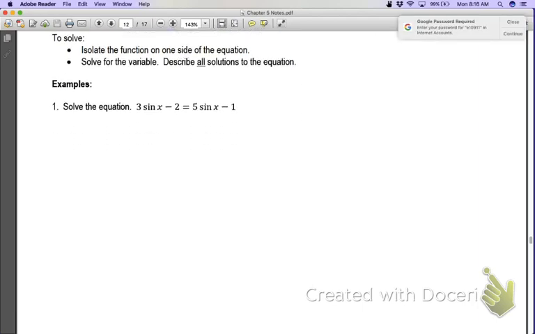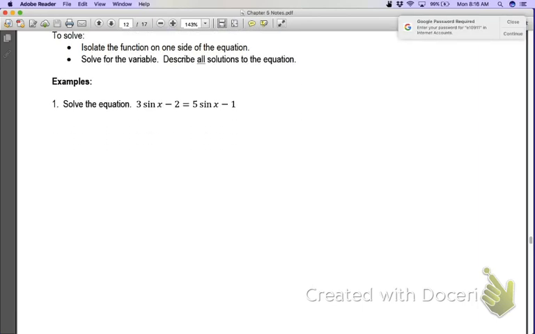So if I have 3 sine of x minus 2 equal to 5 sine of x minus 1, you want to get your trig function to one side and everything else to the other side, just like you would a normal variable. We treat the sine function basically as a variable and isolate it as best we can.